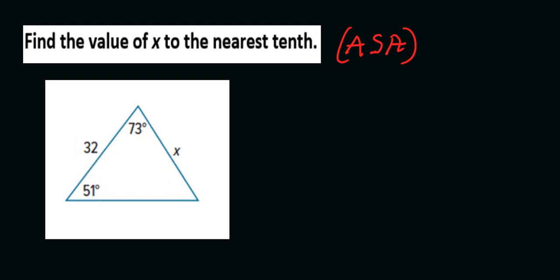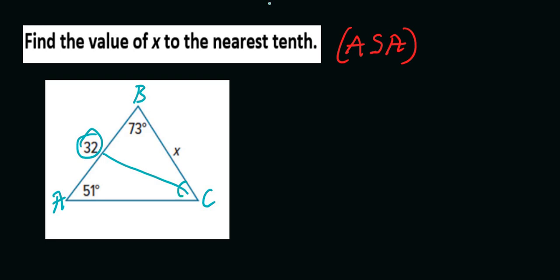All right, so this is what we are dealing with this time. And first, remember, we have to label the sides. So let this be A, B, and C. Okay, so first we need to recognize that we need the angle opposite the side which is missing. This angle is missing.